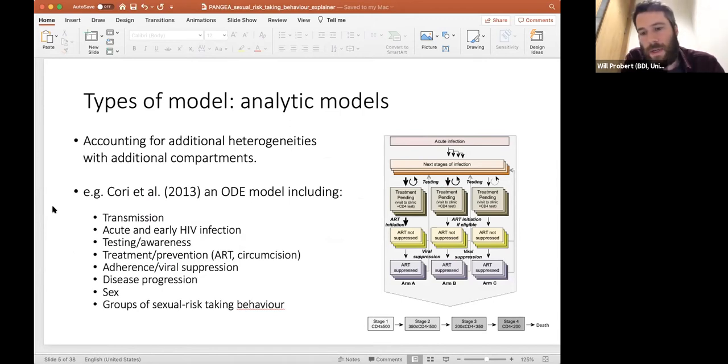For a much more complex model, HIV models are typically quite complex because you want to take into account a huge range of heterogeneities.